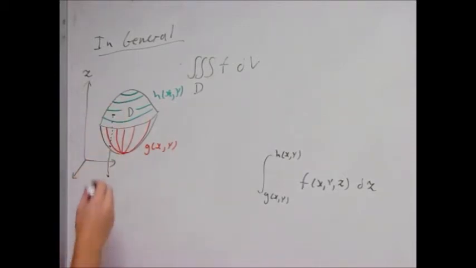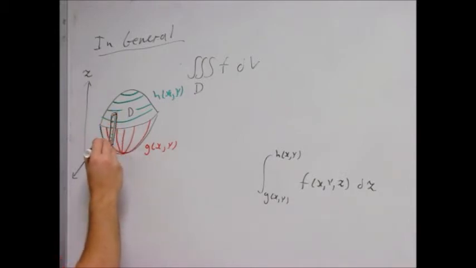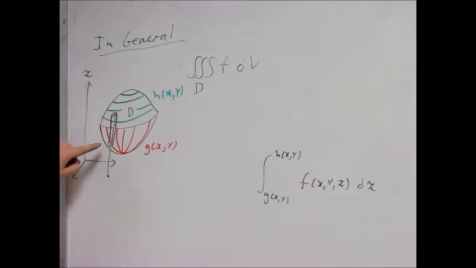So how much will we actually be integrating? We're imagining a tiny little slice of dV by adding up a lot of these little slices with respect to z.